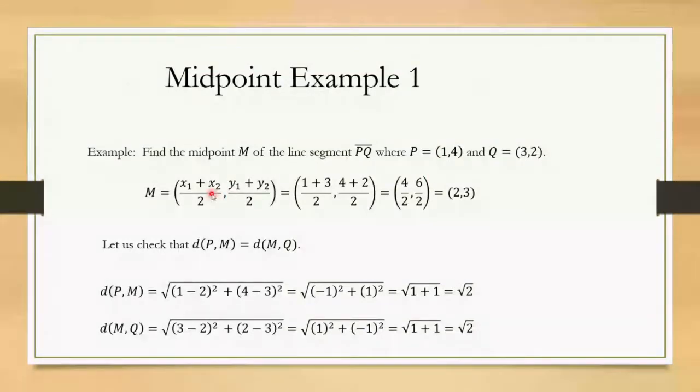You could say x sub 1 is 1, x sub 2 is 3, y1 is 4, y2 is 2, like we did with the distance formula, but look what's really happening here. You add the x coordinates and divide by 2, and add the y coordinates and divide by 2. That's really what's going on.